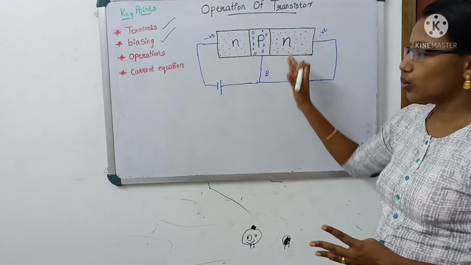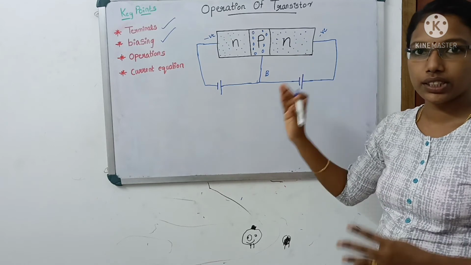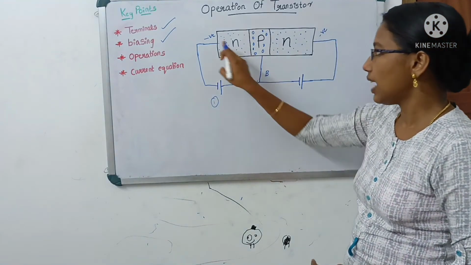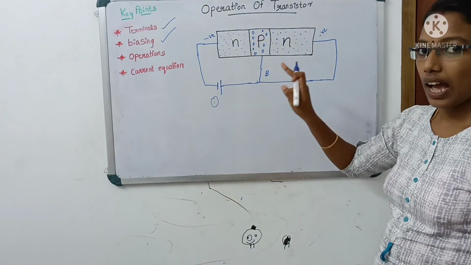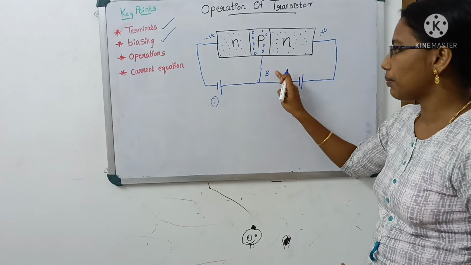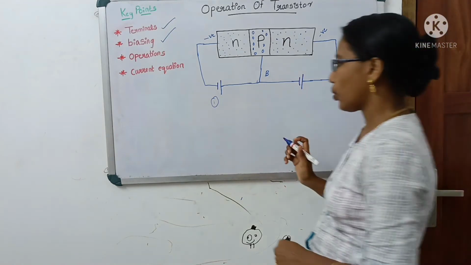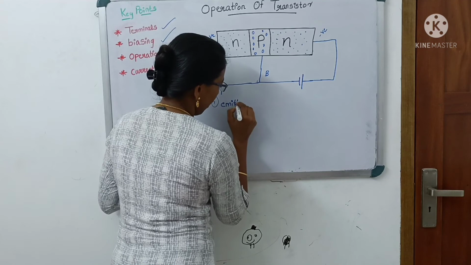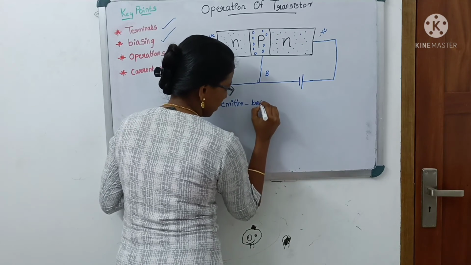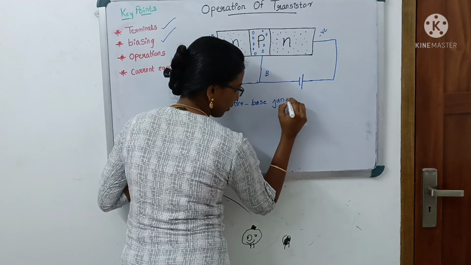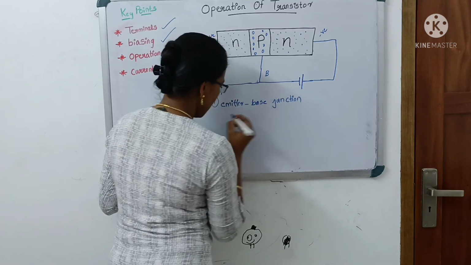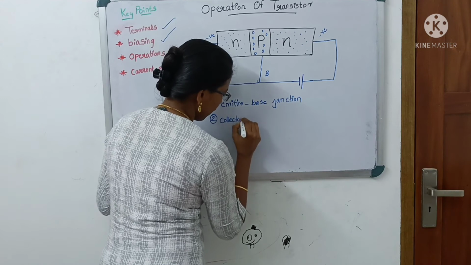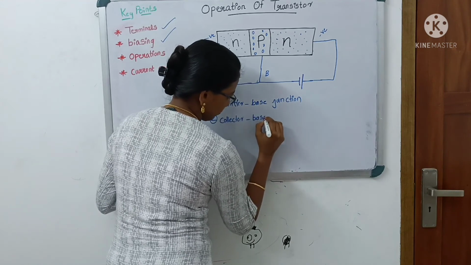So two junctions. What are the two junctions of a transistor? The first junction of a transistor is the emitter base junction and the second one is the collector base junction. Okay, so I will write here: emitter base junction and next one is collector base junction.